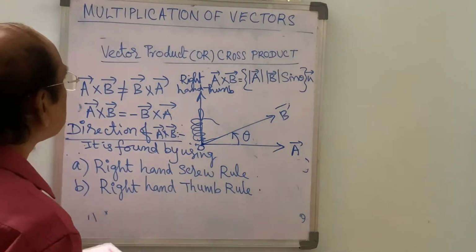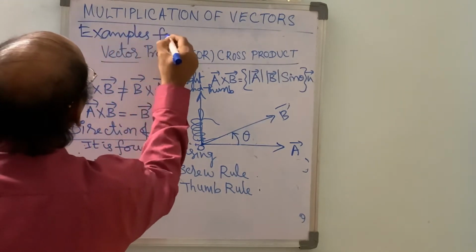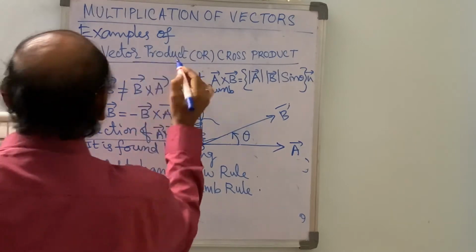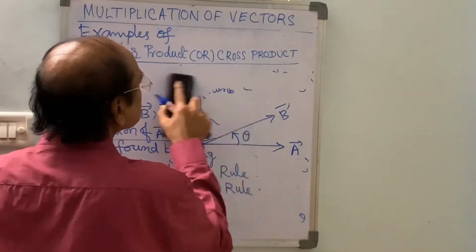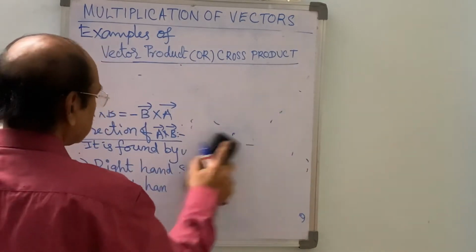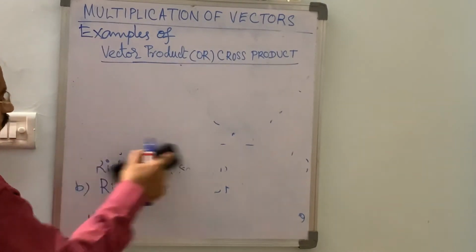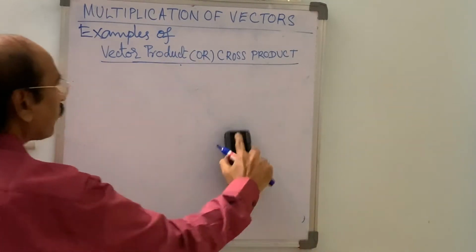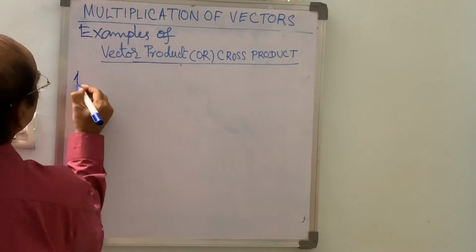Now let us discuss the examples for vector product. First one, moment of force or torque.